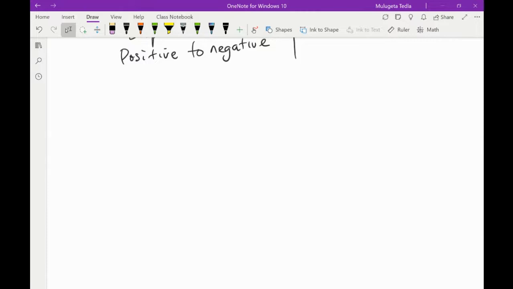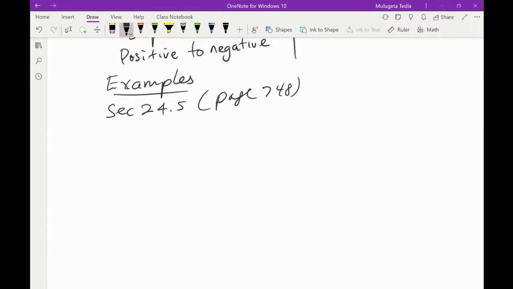So I guess I will do number 6, for example. This is on section 24.5 on page 748.